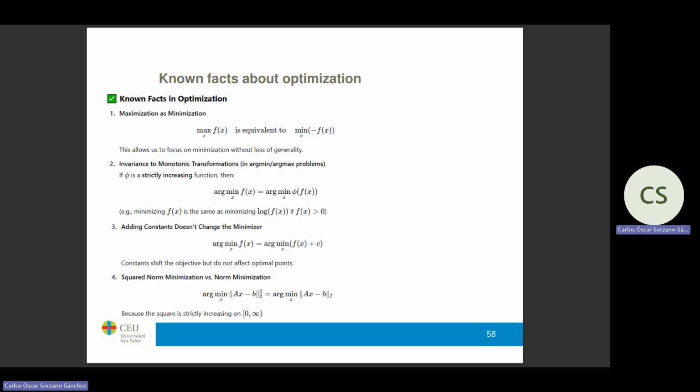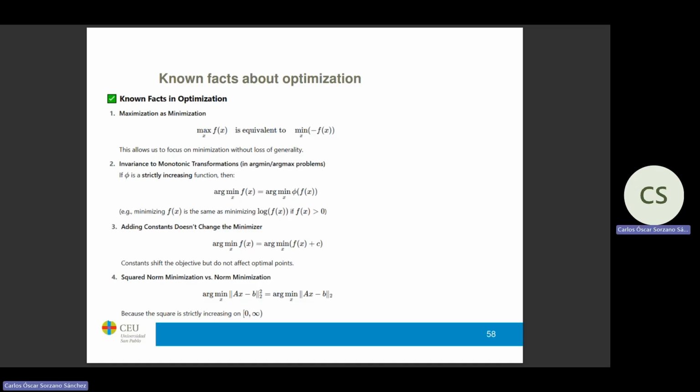Then if I add a constant, the argument that minimizes this is the same as the argument that minimizes that, because adding a constant is simply shifting the landscape up or down.